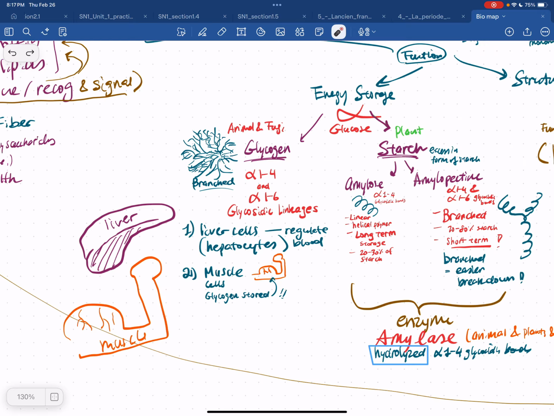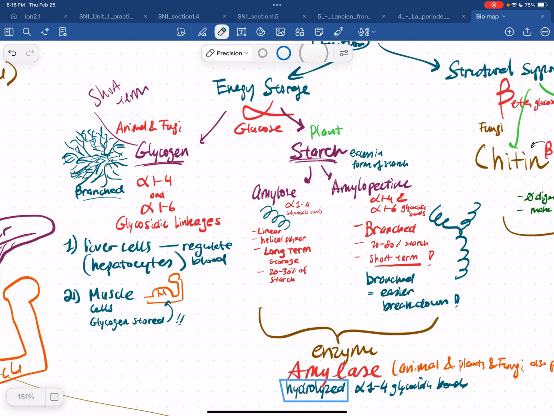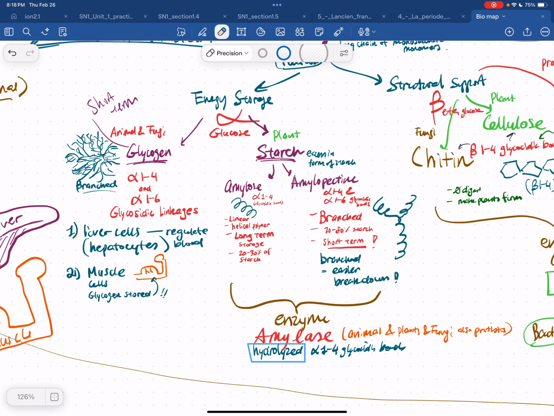Oh, it's short term. They're short term, but it's what the liver uses to regulate blood sugar. So they are able to either hydrolyze them or form them to regulate blood sugar in the body. That's done in the liver.